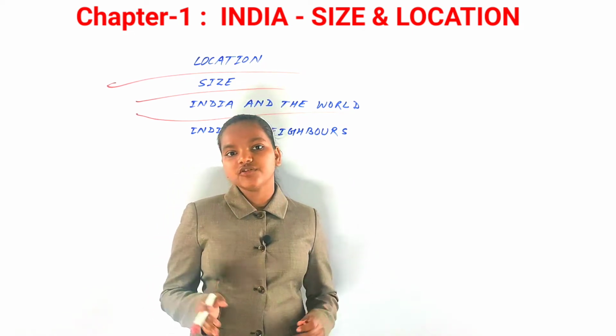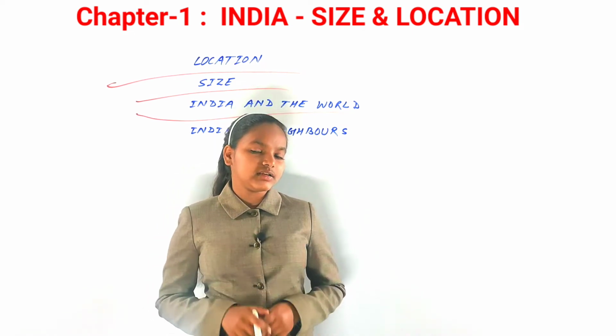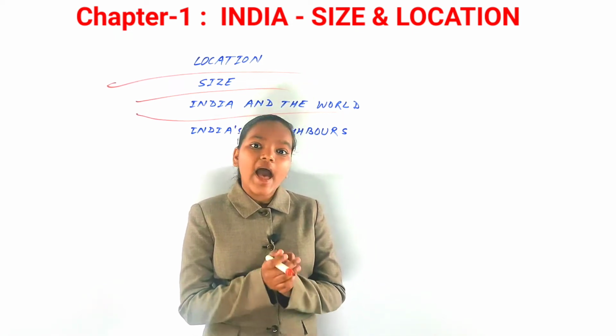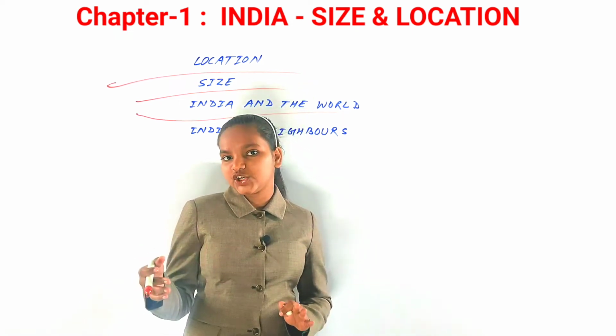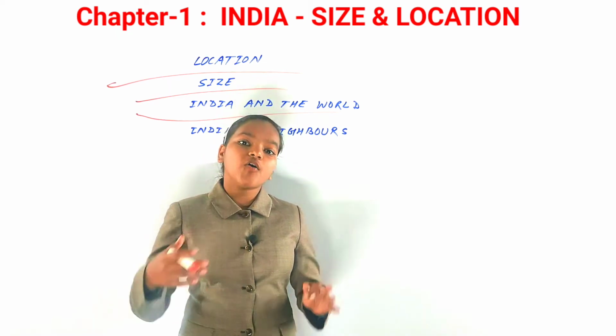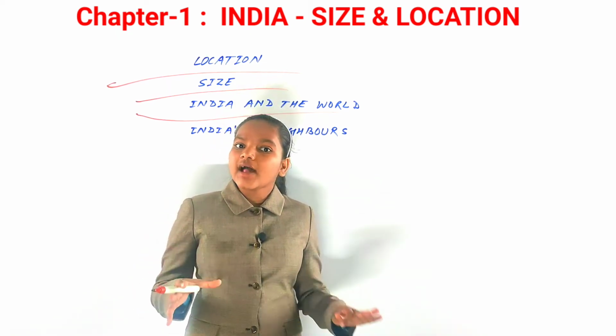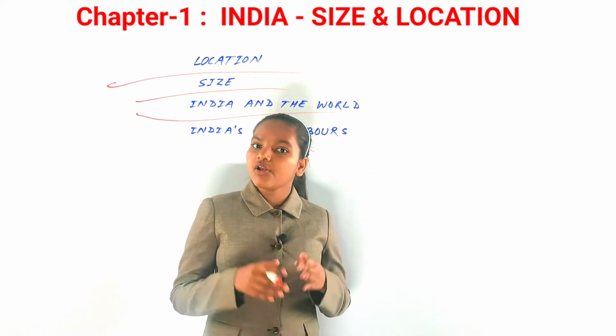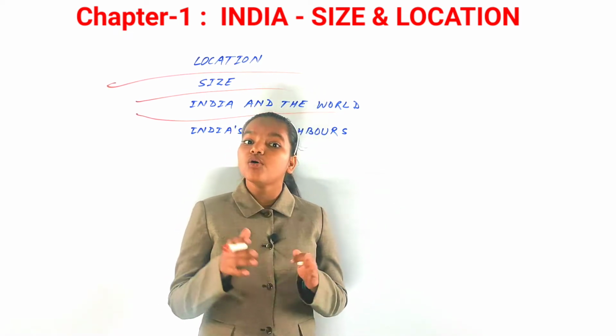Through ocean routes, many countries are connected. We are connected to Europe and parts of Africa and other countries, the south countries of Asia. But from earlier times, from a long history, there weren't that many ocean routes.